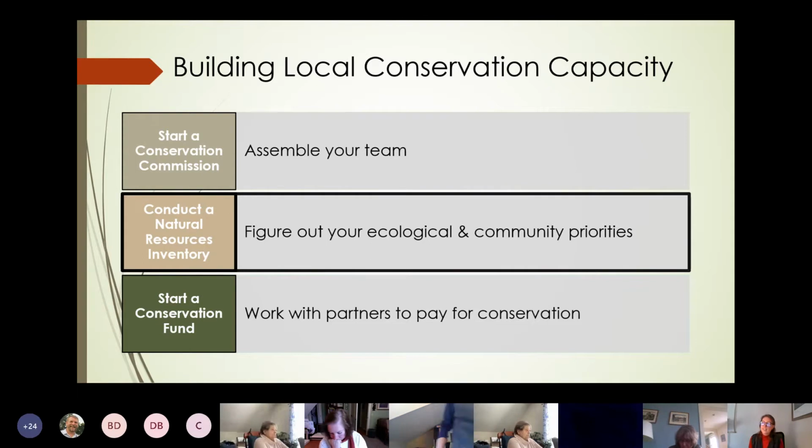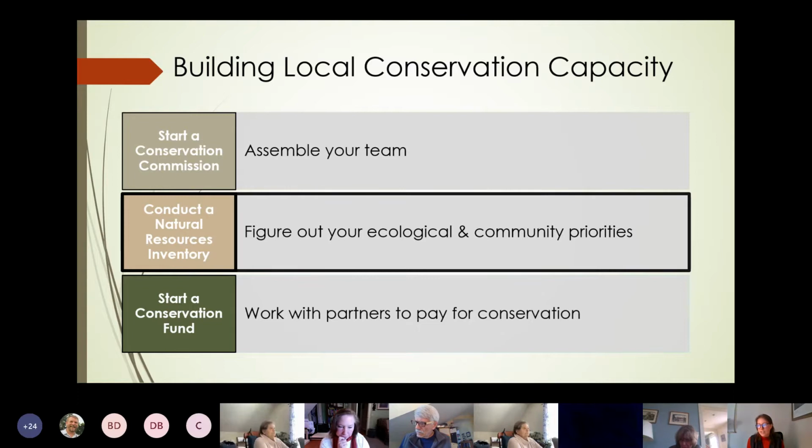It's then important, and this is something I'll talk about in just a bit, to conduct a natural resources inventory. So think about that natural ecological capital you have in your community, build out those profiles and understand what may be at risk so you can assess that for climate change planning.